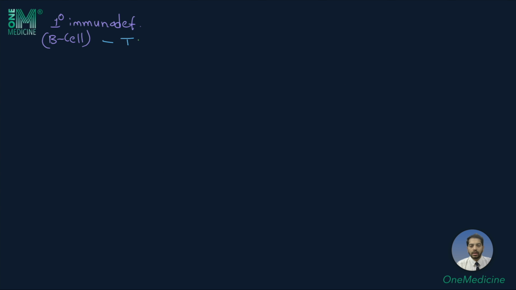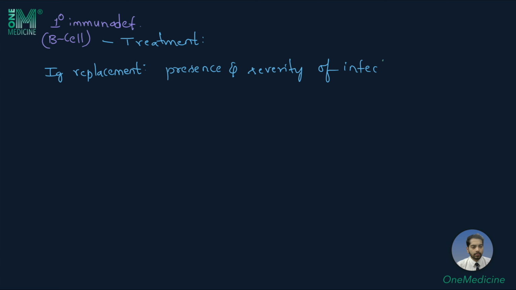Treatment for B cell primary immunodeficiencies include immunoglobulin replacement, which is usually guided by the presence and severity of infections, especially in patients who are deficient in immunoglobulin G. This replacement can be performed through subcutaneous route or intravenous route.